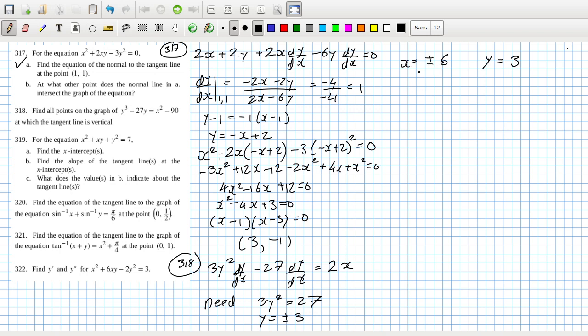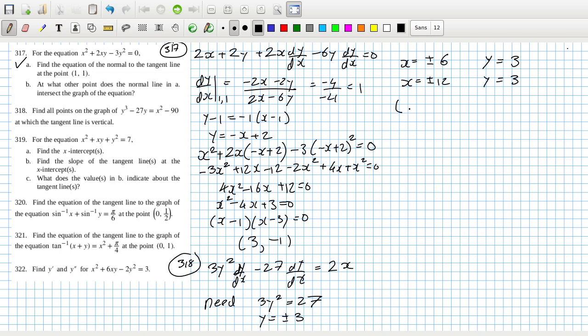And then let's see, we put in minus 3 now. That's plus or minus 12 and y equals 3.